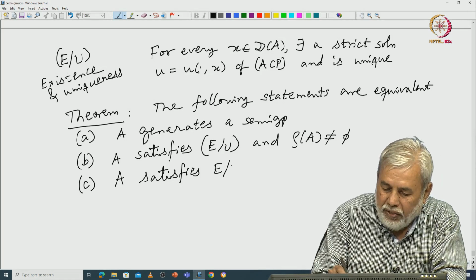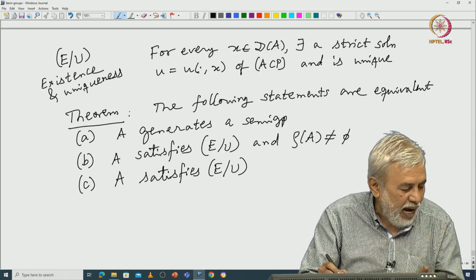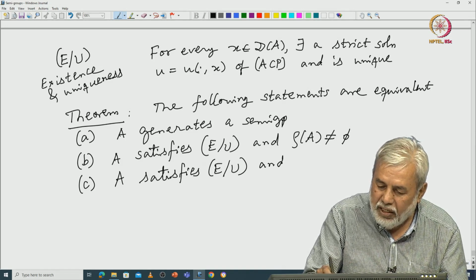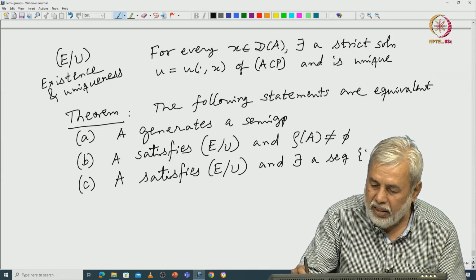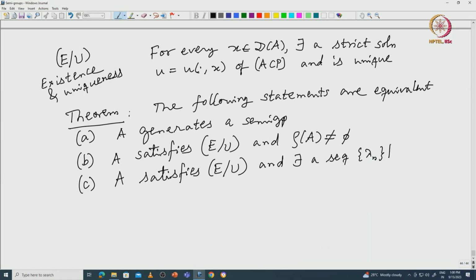So A satisfies EU again, existence and uniqueness, and there exists a sequence of real numbers lambda_n increasing to infinity such that lambda_n I minus A, whose domain of definition is D(A), is just restating this, the image of lambda_n I minus A is the whole space X for all n.